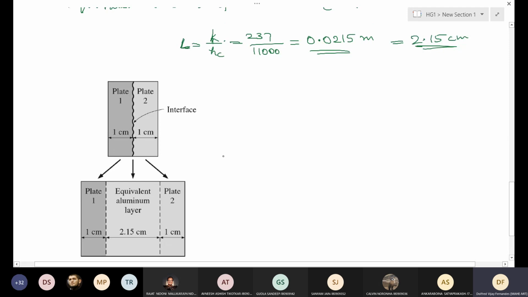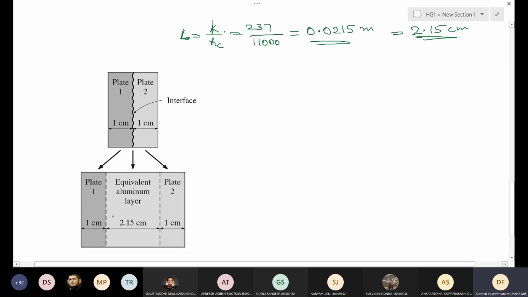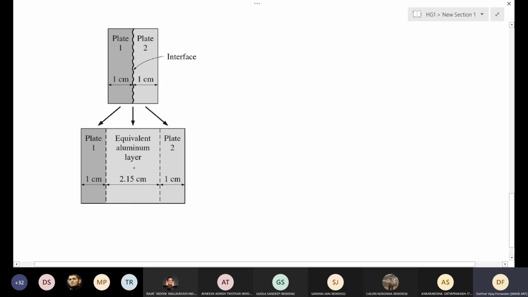So it's like this. We have 1 centimeter plates. Now if you assume perfect thermal contact, the rate of heat transfer through this one, imperfect thermal contact, and the rate of heat transfer to this arrangement is the same now.